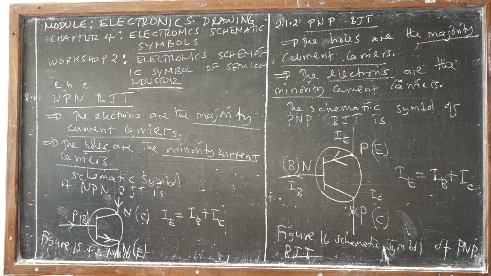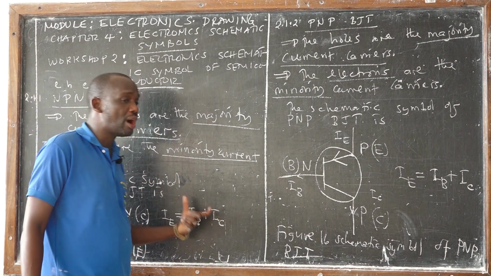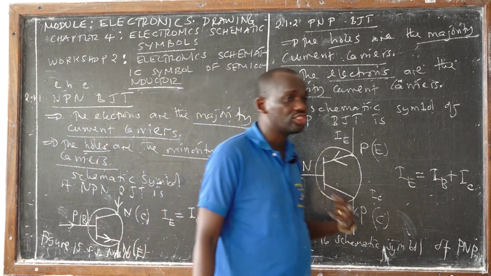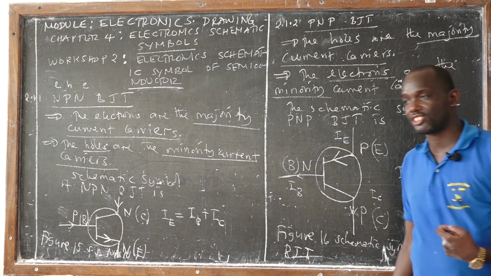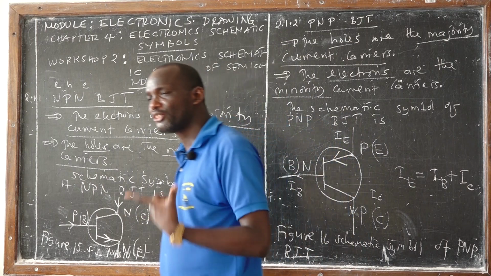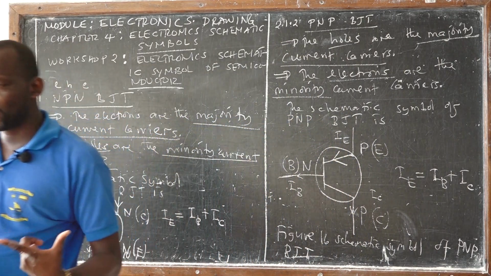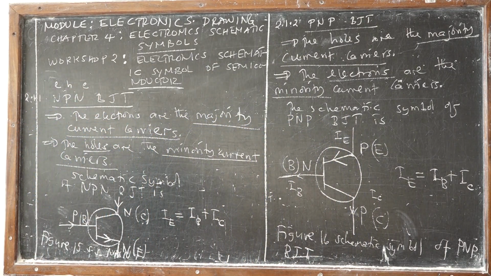We have through-hole NPN bipolar junction transistors, and also surface mounting NPN. We have also through-hole PNP bipolar junction transistors, and also surface mounting device PNP bipolar junction transistors. So we have various types of transistors.